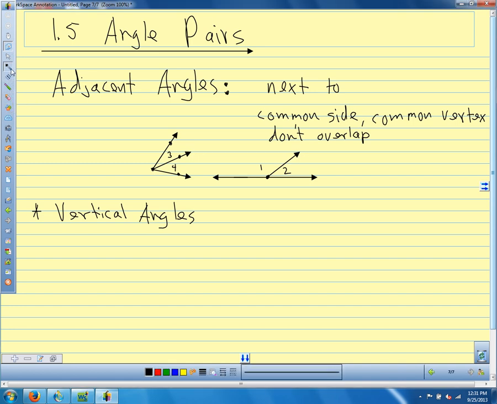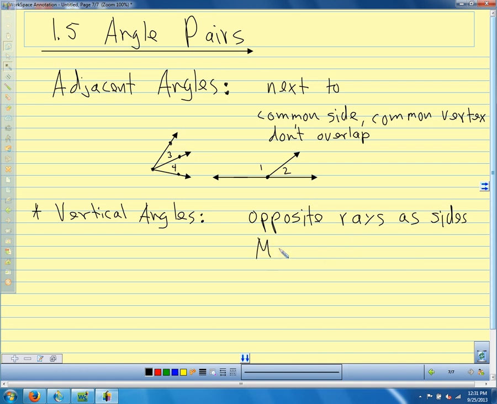Vertical angles are two angles and they have opposite rays as sides. The way I usually think of them is they make an X.